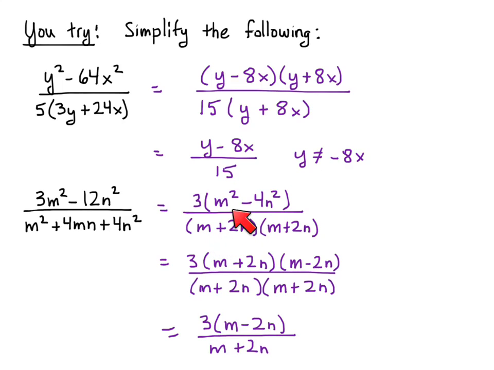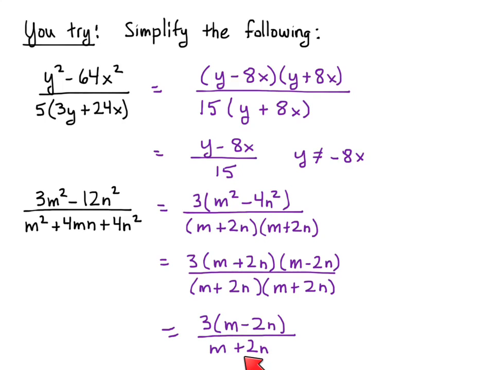And so then we look at the top and we think, okay, well that can be factored again because we have the difference between perfect squares. And so here are our factored forms. And then notice that we have the m plus 2n in common. Now, I have 2 of them in the denominator here, and only one of them cancels out.